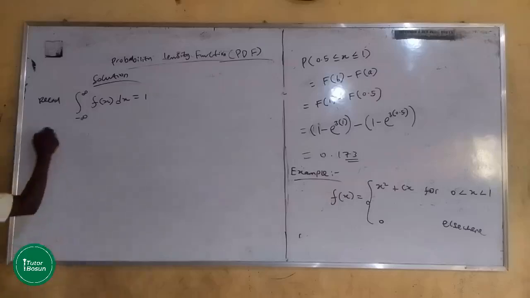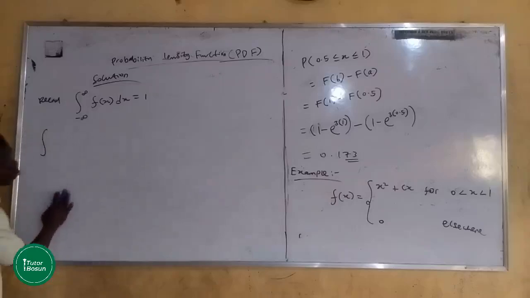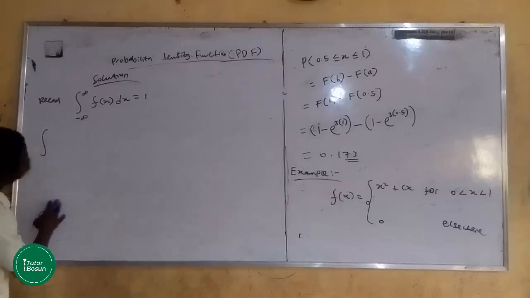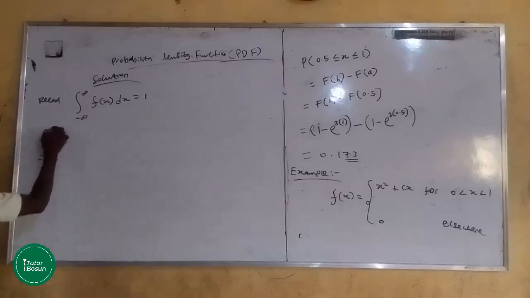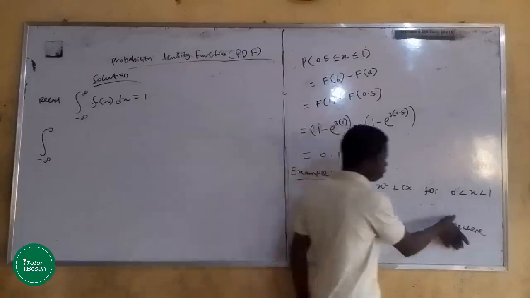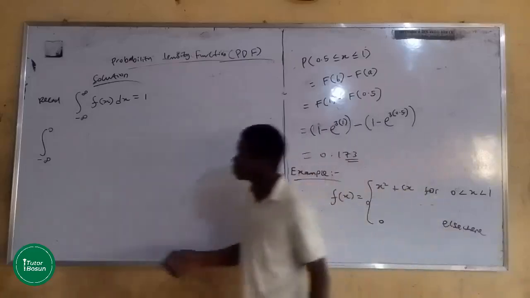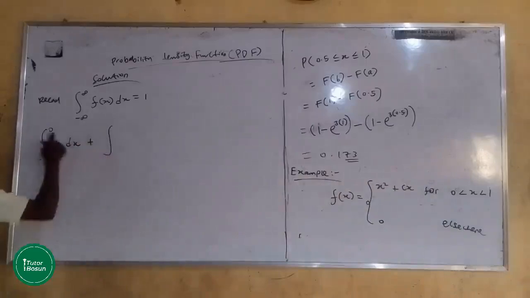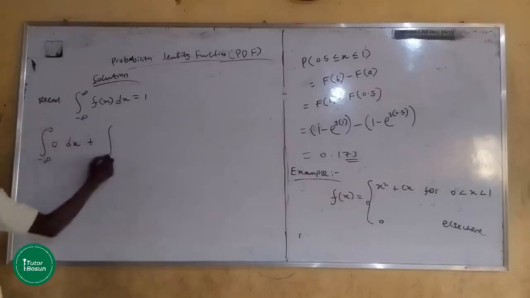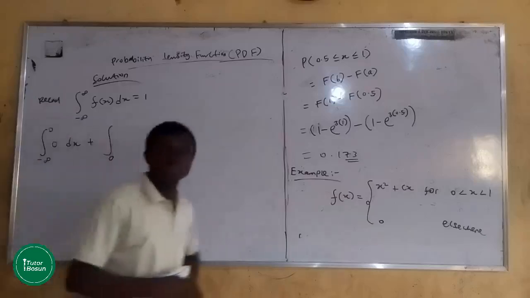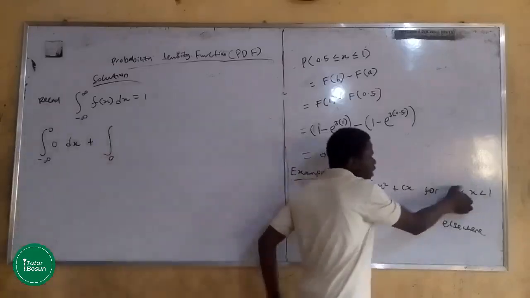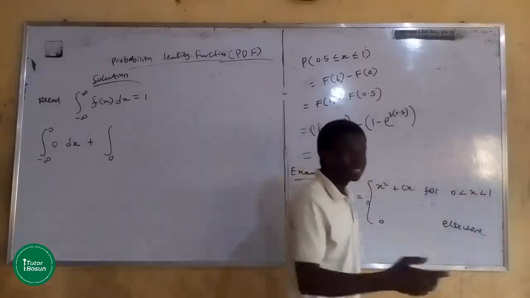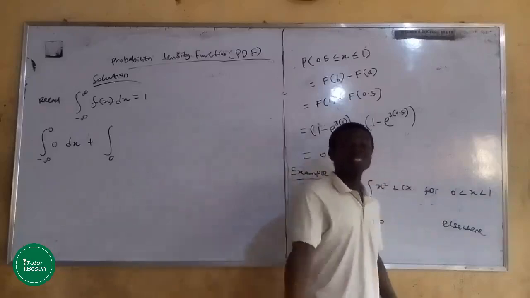So we can easily compute that. Here we have the integral from minus infinity to 0 of 0 dx, plus the next one. You start from 0, because this is from 0 less than x less than 1, unlike the other one that is x greater than infinity.